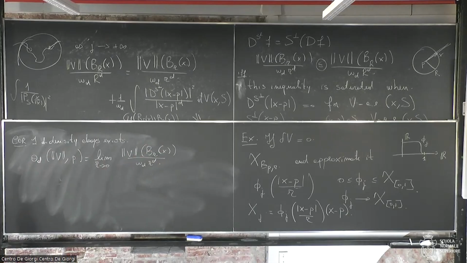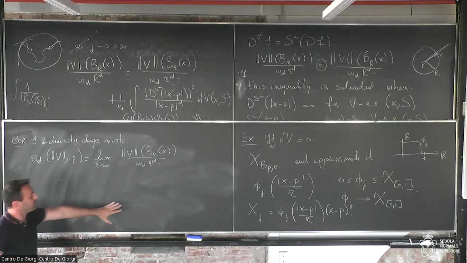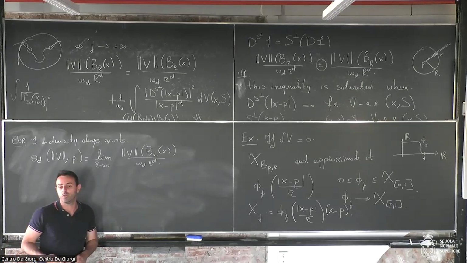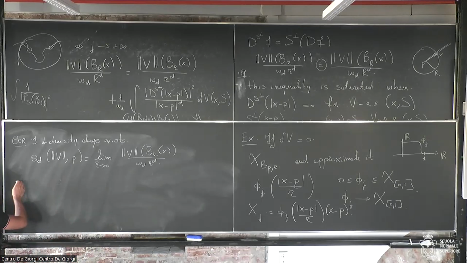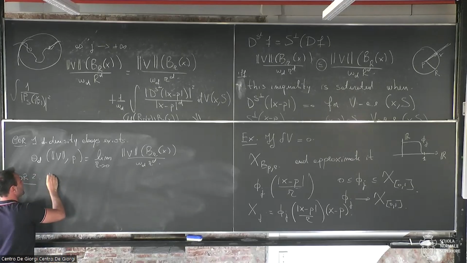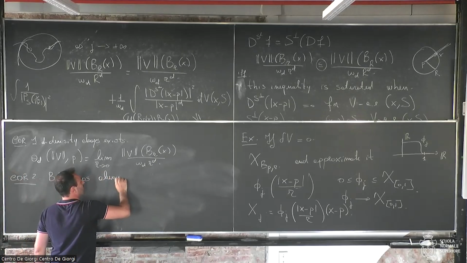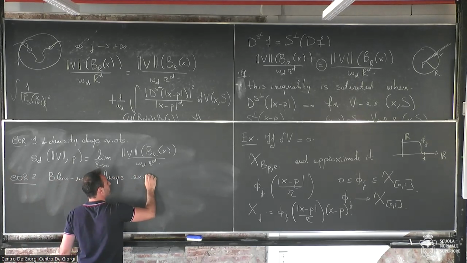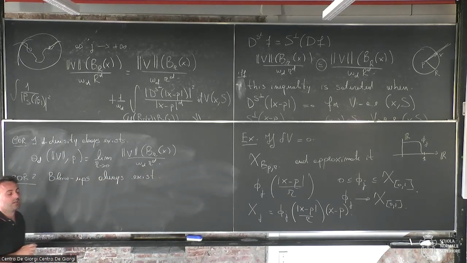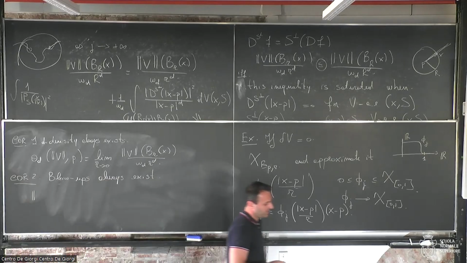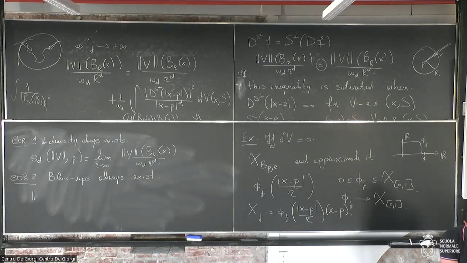The other interesting property that I want to mention is what I was referring to before when I was saying that we can do structural analysis, and it's the fact that blow-ups always exist. Now I say what the blow-up is. What do I mean by this? So if we look at eta P R, have I introduced already the dilation map?